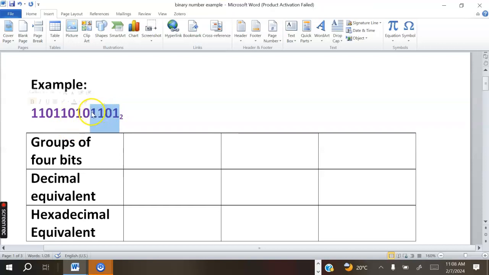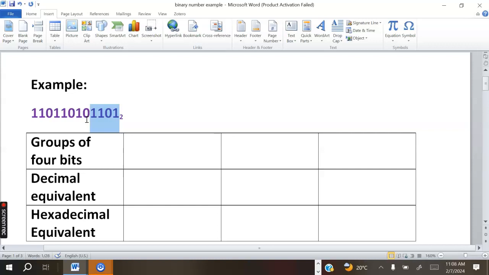As usual, this is very important for you to note: when you are trying to convert a binary number to a hexadecimal number, you are supposed to arrange from the least significant number, that is 4, for the integral part.